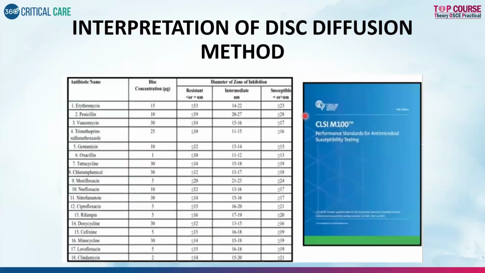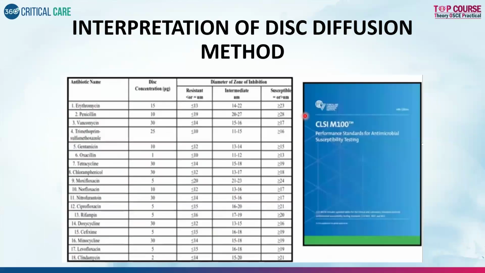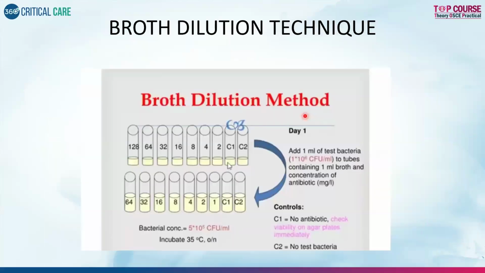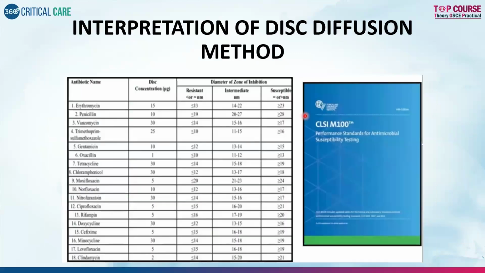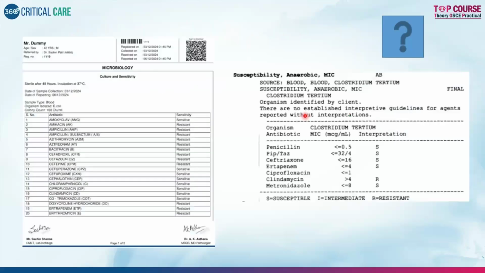So earlier I was talking about broth giving us an idea of whether it is susceptible or not. One of you can ask me about the first thing I showed you, the culture sensitivity report, correct? Here it was only the antibiotic and sensitivity. It says only sensitive, resistant. It does not say what the MIC is, correct?